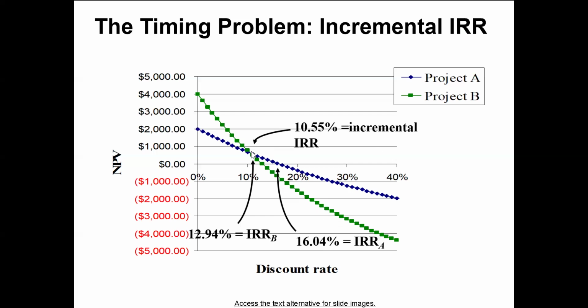If the discount rate is less than 10.55%, the conclusion is inverted. Project B is better than project A. So if you conclude with IRR, you can make a serious error. This is one of the critical drawbacks of using IRR. We call this the timing problem. Can you understand? Right.